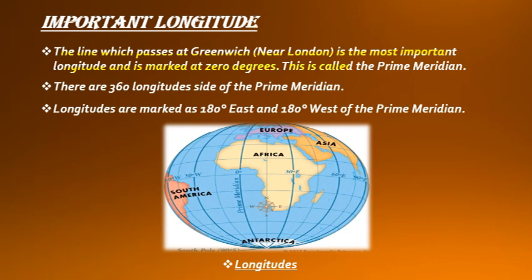This is called the primary meridian. This vertical line is called the primary meridian and also Greenwich, which passes near London.